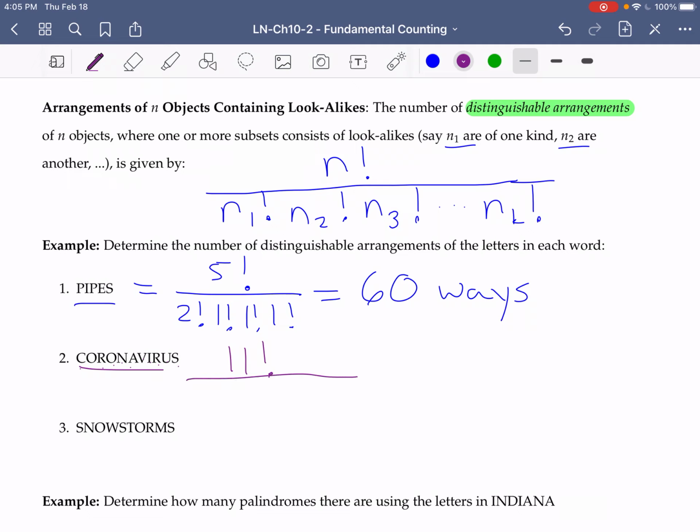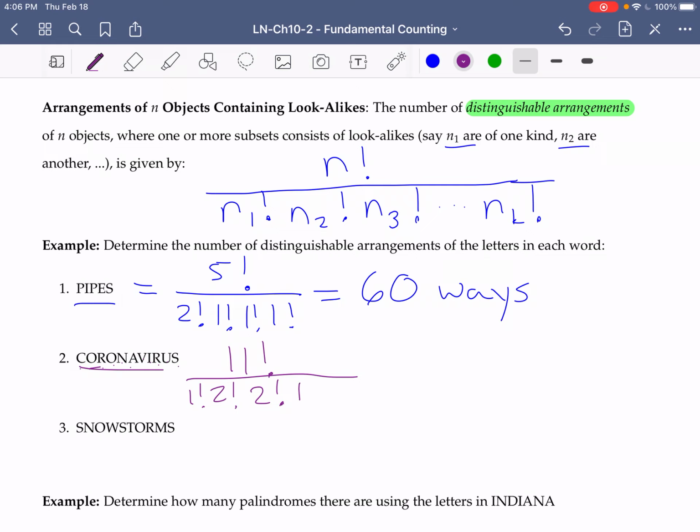Just 1, so I'll write 1 factorial down. Dividing by 1 factorial is just dividing by 1, so it doesn't change anything and I don't really need to write it, but we can if you want. How many letter O's? We have 2, so we divide by 2 factorial. How many R's? We have 2 R's.